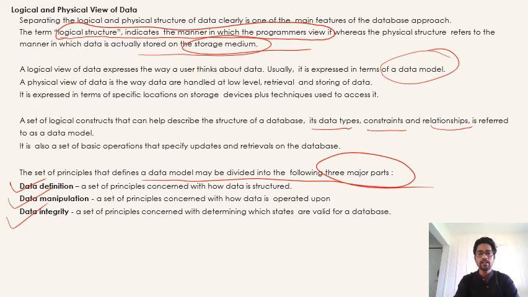If you define it, then how you are going to perform the operations, that is, what kind of operations you are going to perform on the data. As for data integrity, it deals with determining which states are valid for a database.